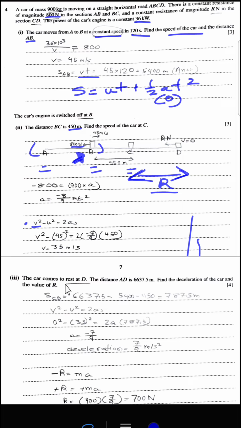The car comes to rest at D. So at D, the speed of the car is 0. The distance AD is given. Find the deceleration of the car and the value of R. So for the deceleration of the car, between part C and D, since we know that the final velocity is 0 and the velocity at C that we have calculated earlier is 35 meter per second.